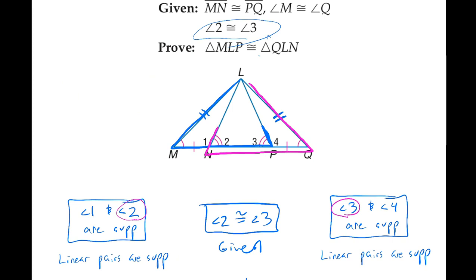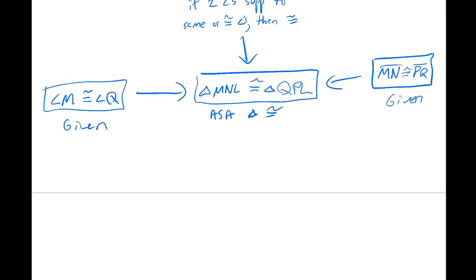So those two triangles would match by angle, angle, side, or side, angle, angle. So that's the goal we wanted. So I'm going to state that ML and QL are the same. That means ML is the same as QL, and that was by CPCTC in the middle of the proof.